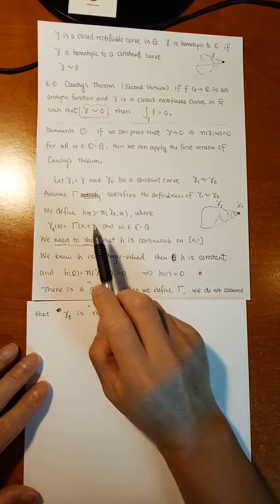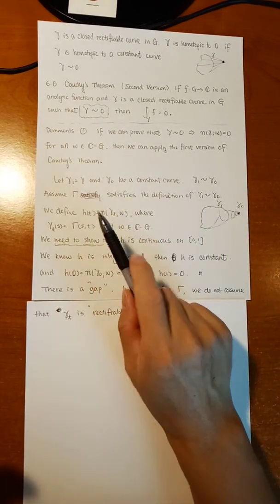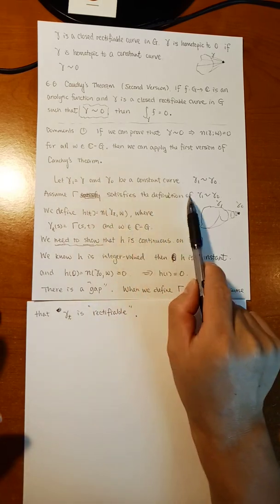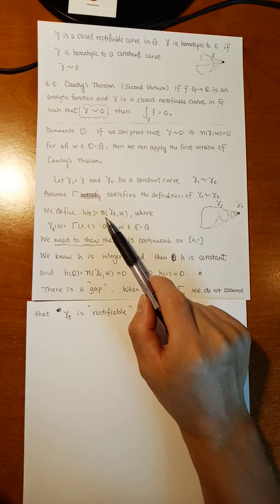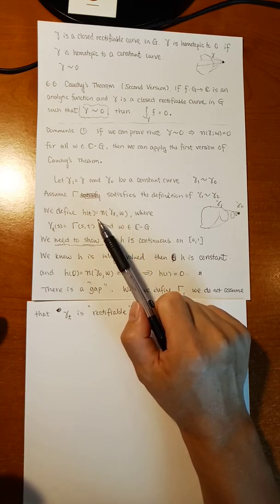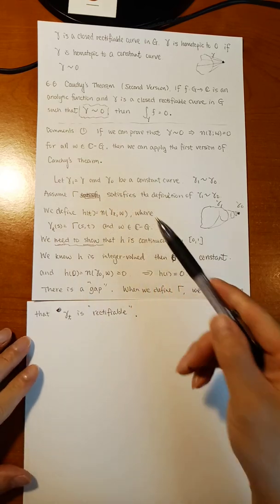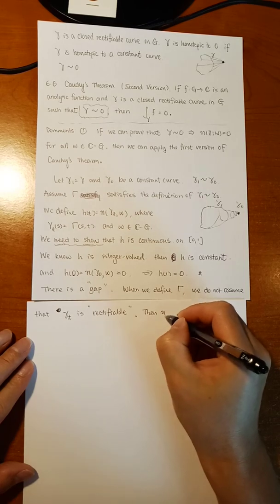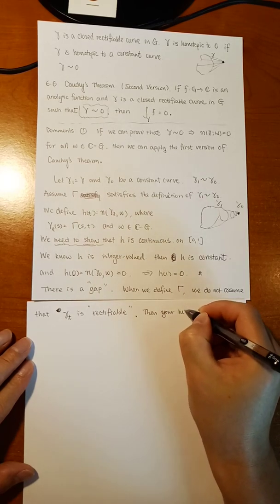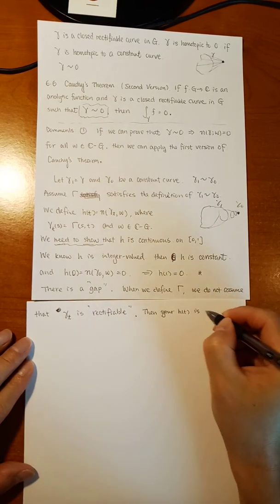So from the definition, if you just have an abstract gamma, then this little gamma of t is just a continuous curve, a continuous function. It may not be rectifiable. Then your h of t is not well defined.